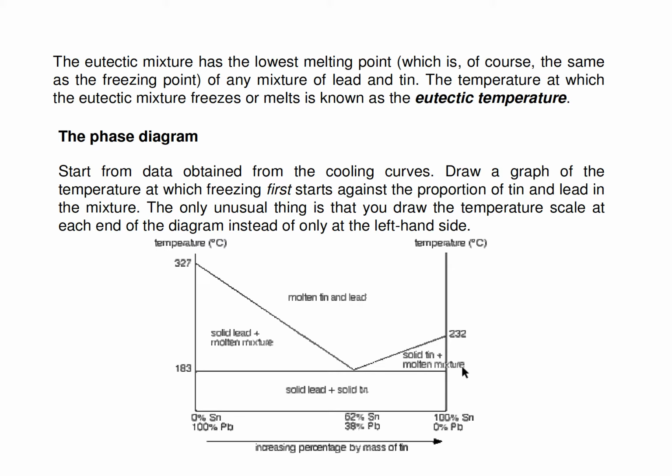Okay, so this is the graph the figure is all about. So it is molten tin and lead. So we have here the behavior of solid lead and solid tin according to different composition.